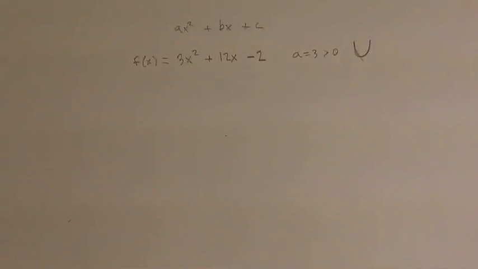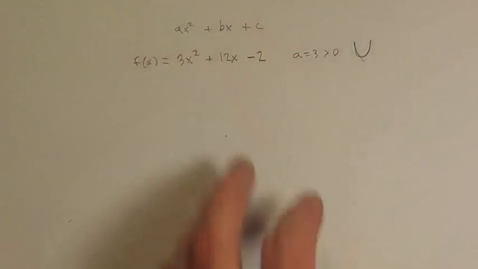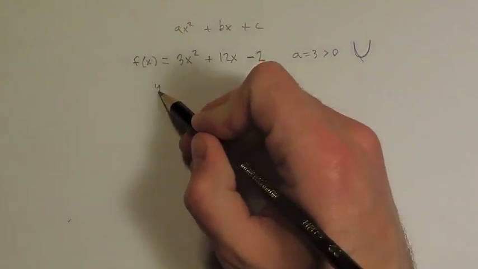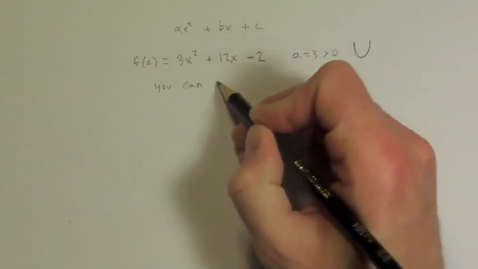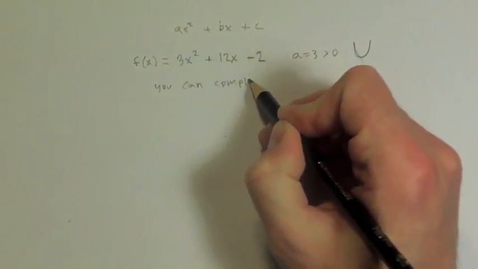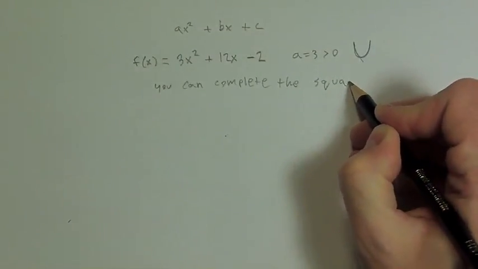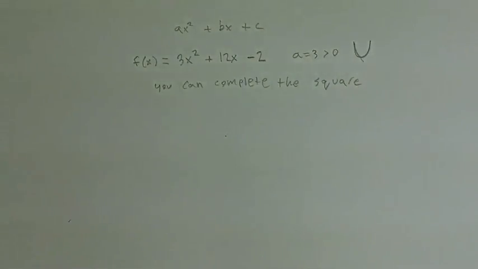Okay, so here's the formula. If you have ax squared plus bx plus c, you can always complete the square to get this, which is a topic for another day. I think we'll get into that eventually.